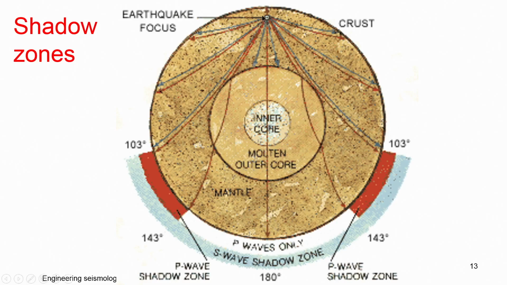So if this is the place where the earthquake originates, it travels in all directions. Scientists observed that between 103 degrees and 140 degrees from the origin, in this portion, you will not receive a P wave because of refraction and reflection.